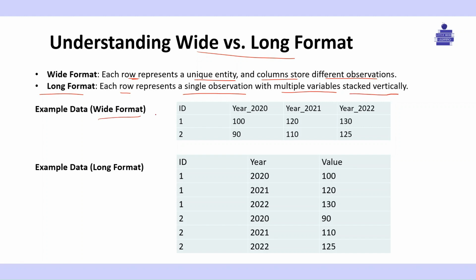So if we take example data for a wide format, this is how it will look like. We have rows representing unique entity, and then we have columns having our different observations. And when we take example data for long format, we have rows with single observation with multiple variables stacked vertically.